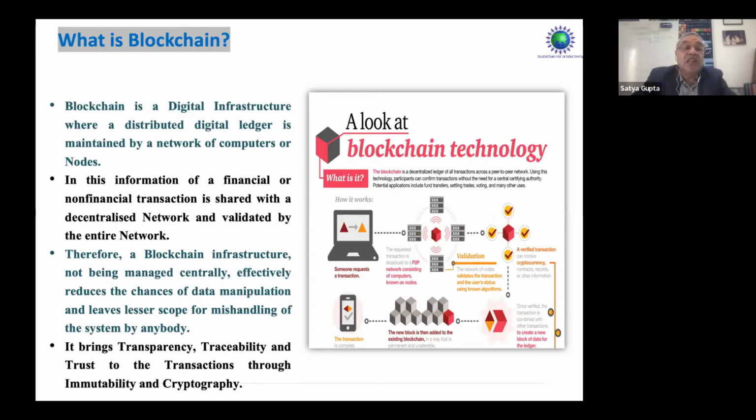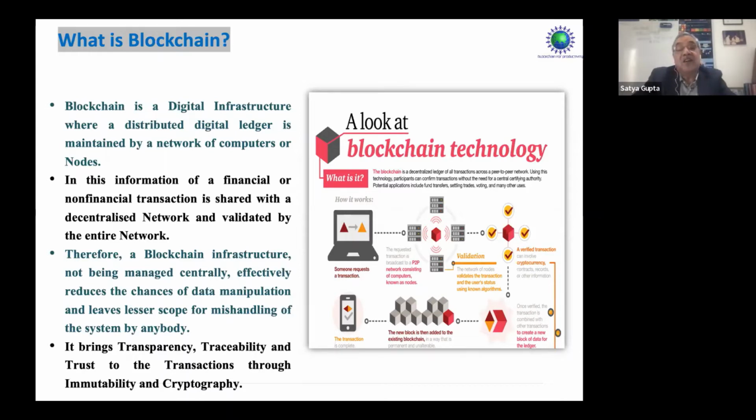Therefore, a blockchain infrastructure is not managed centrally, and that is the key here. That also means decentralization effectively reduces the chances of data manipulation and failures, and leaves lesser scope for mishandling of the system by any single body. That is the biggest thing about the blockchain: it is not managed centrally.